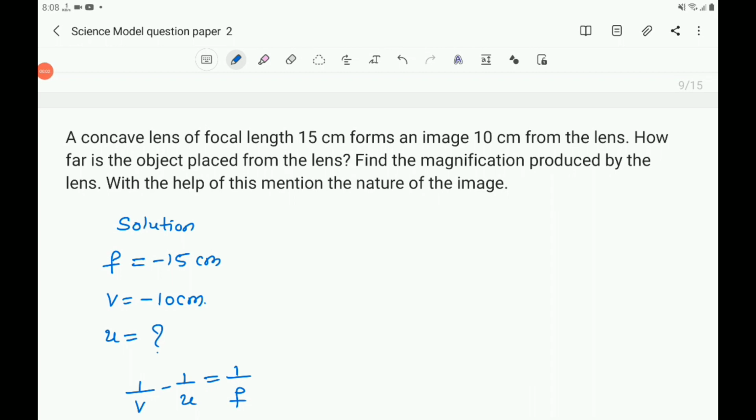Next, what do we have to find out? We have to find the magnification. Then you know that magnification equals V by U, image distance by object distance.